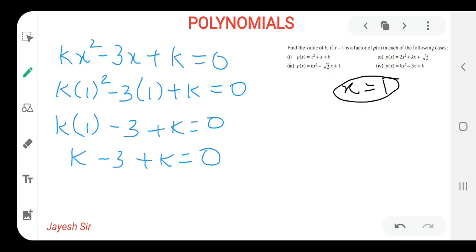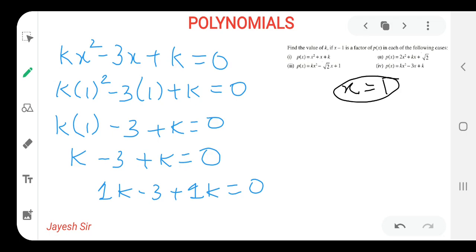Now we have got 2k over here. I hope you all might be getting it. Those who are a little bit smarter will be able to solve it easily on their own. Yes friends, here we want to find the value of k. If nothing is written, that means it is 1k minus 3 plus 1k is equals to 0.